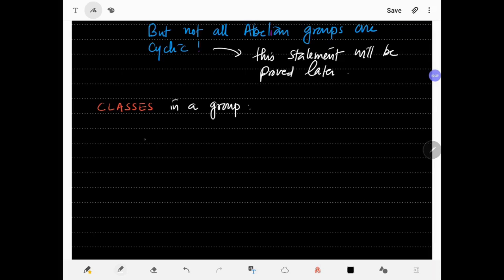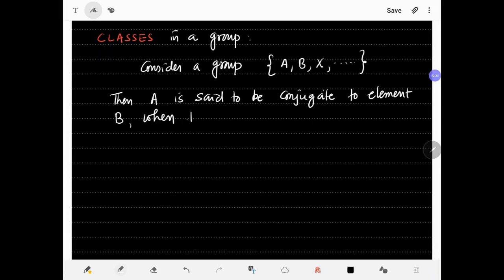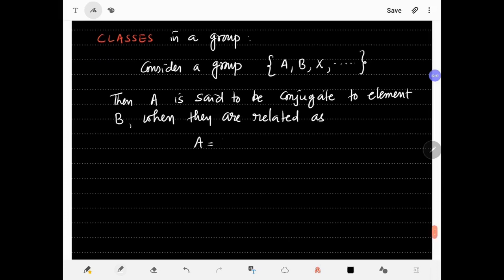So in defining a class, it requires defining an equality called similarity transformation. So first let us see what is similarity transformation. Suppose that I have a group of elements A, B, X, etc. Then the element A is said to be conjugate to element B when they are related as A is equal to X inverse BX.